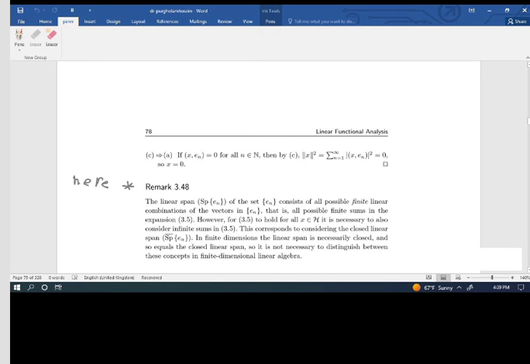So when we speak about the closure of span En, we may have an infinite combination, a combination of En as an infinite sum, and for span En we consider finite linear combinations of the vectors in En.